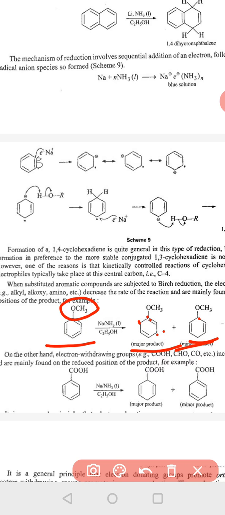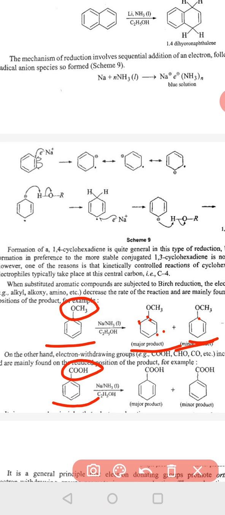This one is the minor product. On the other hand, if electron withdrawing groups are present in the aromatic ring, then the presence of the electron withdrawing group increases the reaction rate, and these electron withdrawing groups are mainly found on the reduced position of the product. Let's take the example of benzoic acid.